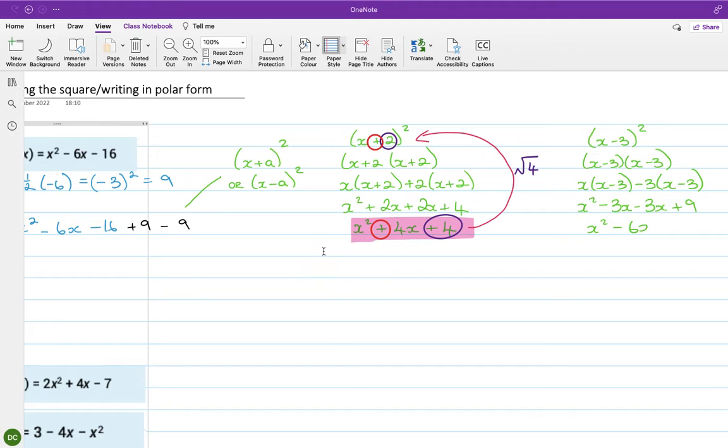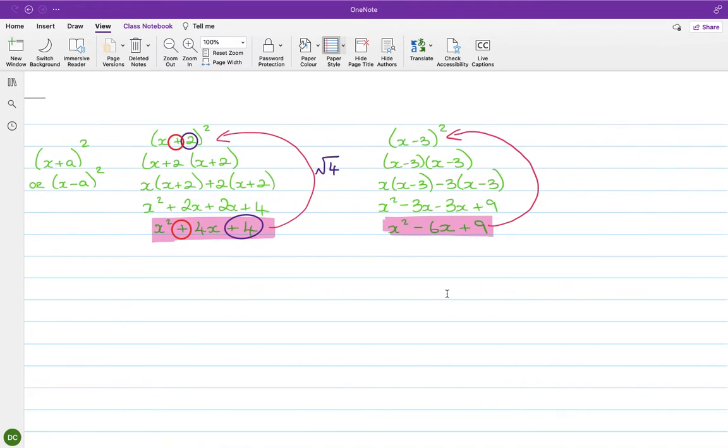So again, in these questions, we're going to be going from the bottom to the top. To get from the 9 back to the 3, we will have to square root the 9, which works here. And I told you the last time that whatever sign is in the middle of the quadratic will match the sign in the middle of the square.